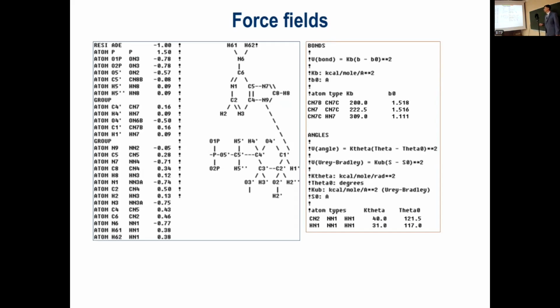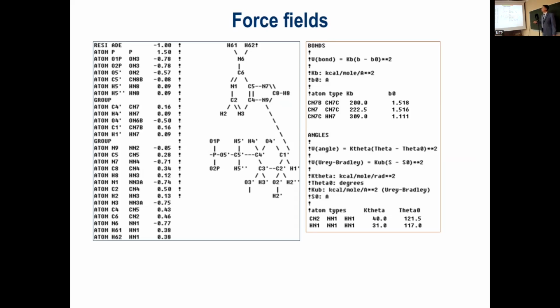For instance, here, this is the potential. This is the parameter describing dihedral potential. Here you can see the names of the atoms according to the force field file. And we can find that CN1 is C6, HN1 is N6, and HN1 is this one atom.